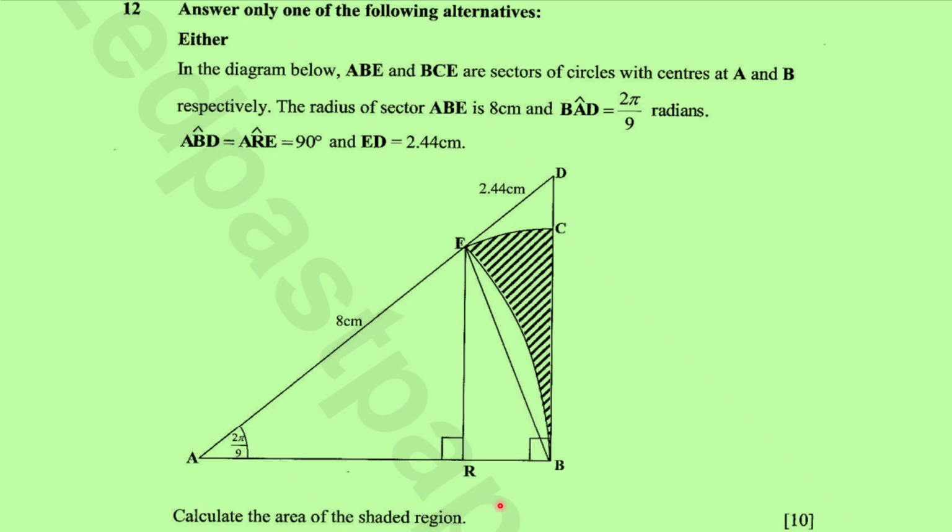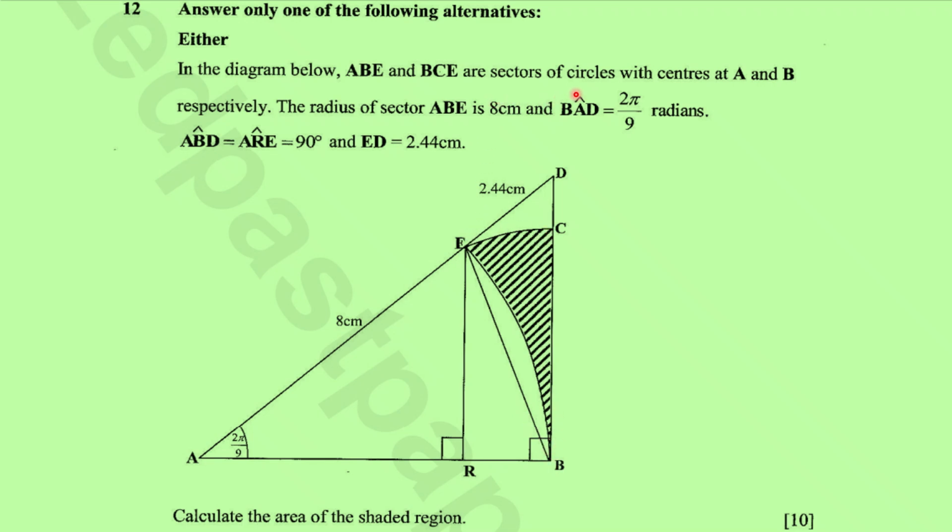Calculate the area of the shaded region. 10 marks for that question. Let's study the diagram and then see how it's supposed to be worked out. So the question has told us that ABE, this part, is a sector. Also BCE, this region here, they've told us is also a sector.